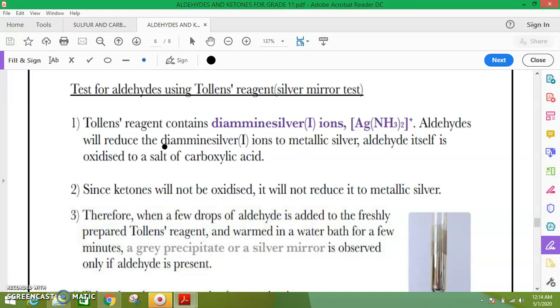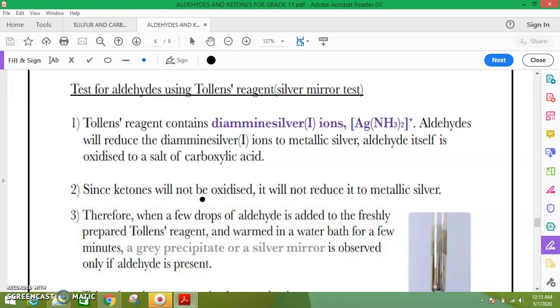Aldehyde will reduce the diamminesilver(I) ions to metallic silver, and the aldehyde itself is oxidized to a salt of a carboxylic acid.